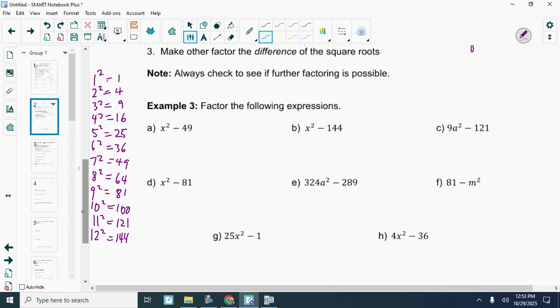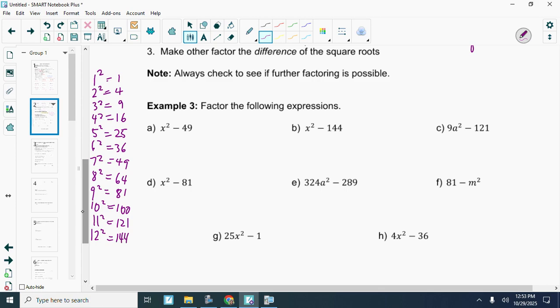Is x squared a perfect square? Yeah, anything squared is a perfect square. Also, for your variables, any exponent that can be divided by 2 works. For example, x to the power of 4 is a perfect square, x to the power of 6 is a perfect square, x to the power of 8 is a perfect square.